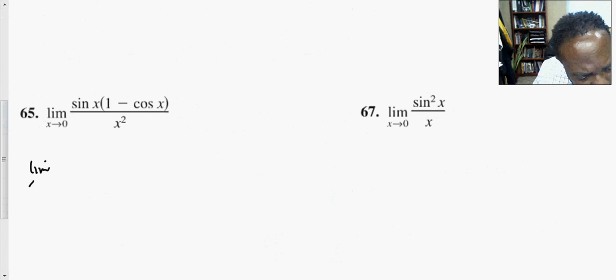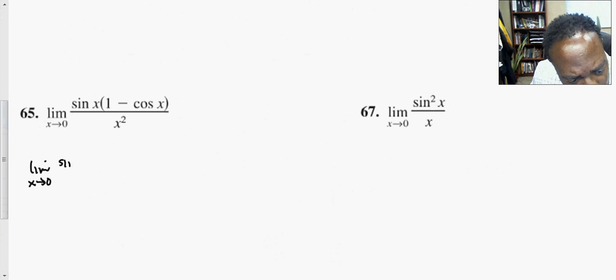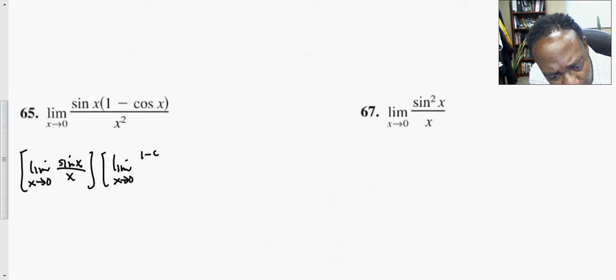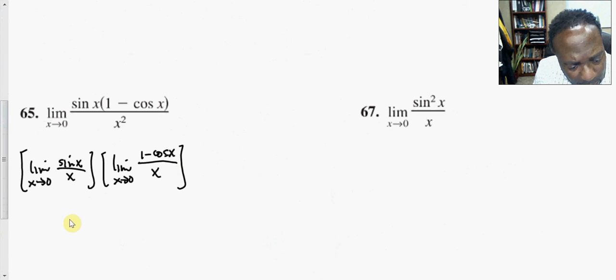So this is the limit as x approaches 0 of sine x over x, times the limit as x approaches 0 of 1 minus cosine x over x. Well, the first term there is equal to 1, and the second one is equal to 0. So we have 1 times 0, and that just gives us 0.